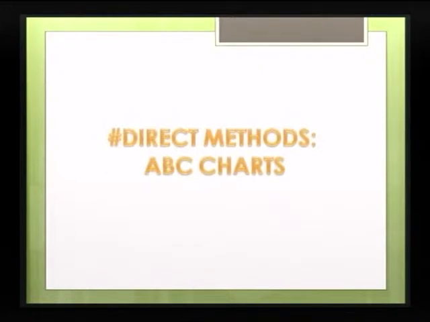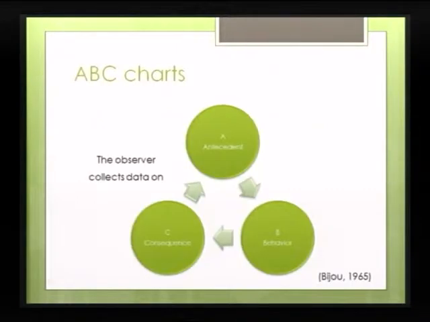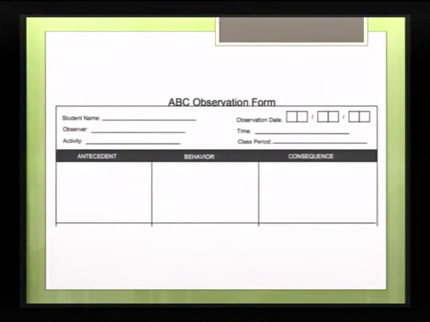A second very common direct method is ABC charts. In ABC charts, the observer collects data on A, the antecedents, B, behaviors, and C, consequences. This is an example of a possible sheet that the observer can fill in with data.